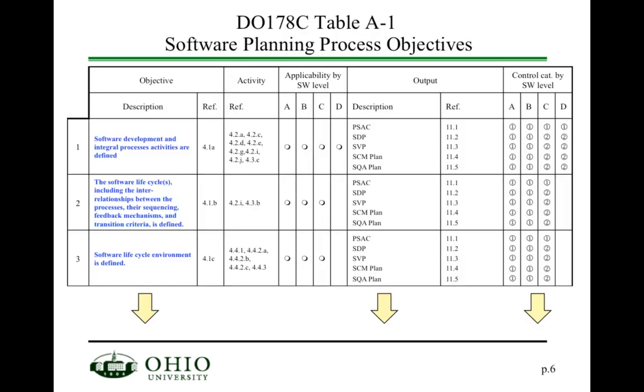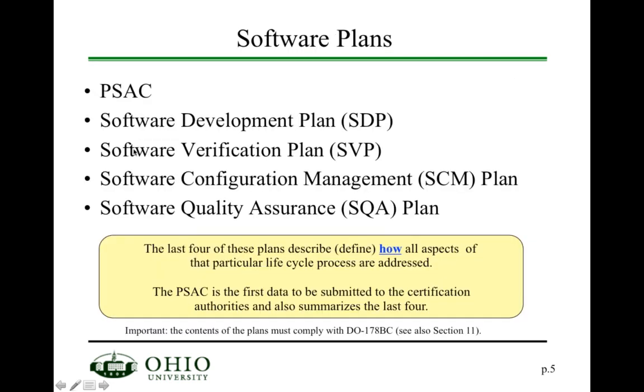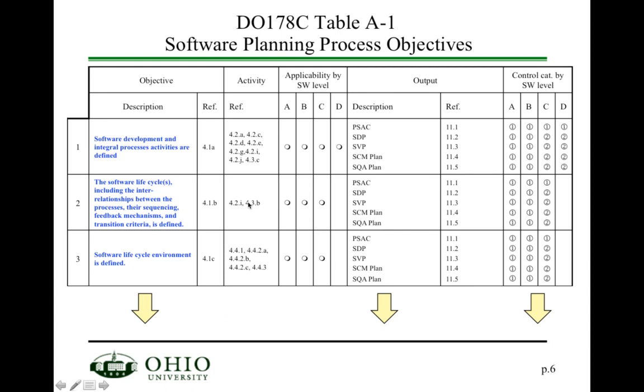If you look in D178C, for example Table A-1, it tells you about these objectives for planning. You want to define the software development and integral process activities in these plans. Development, remember, was development; integral processes are the verification, configuration management, and quality assurance portion.